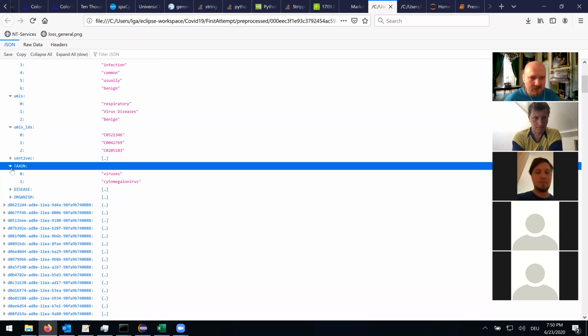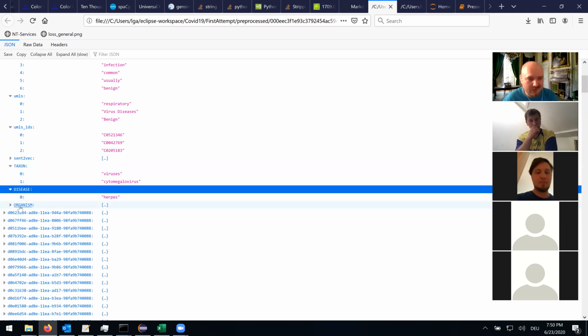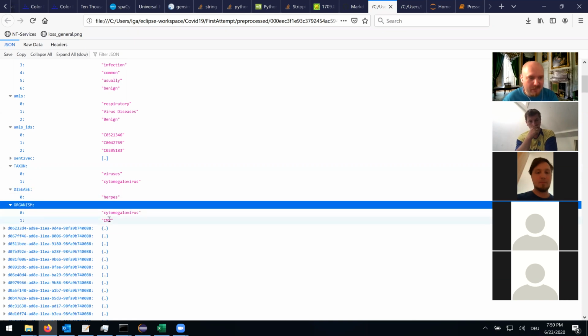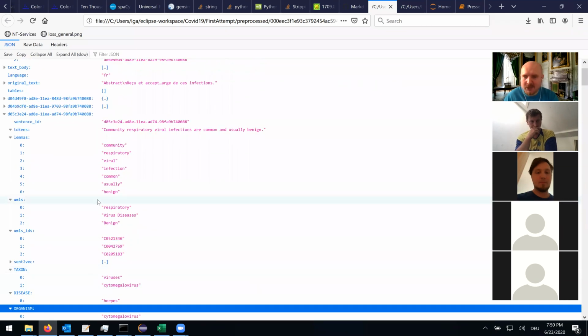But then you also have different subcategories coming from those different Science-Spacy models, like taxonomy, diseases, organisms, and so on. So I presume that once you have your favorite vocabulary or phrases for sample size or other things, they should come up somewhere here, in lemmas or UMLS.